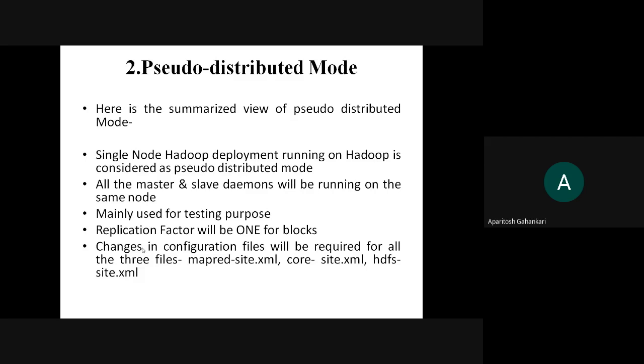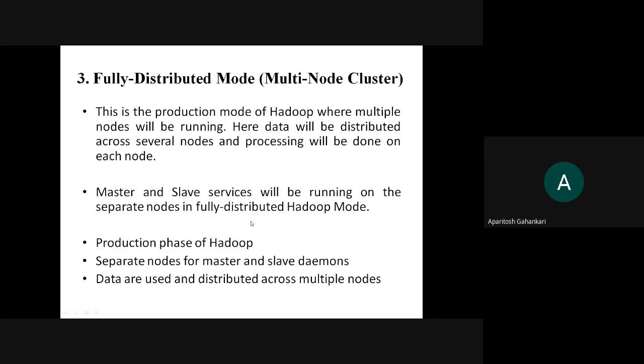Again it is used for testing purposes, and the replication factor will be 1 for 1 block. Okay, so changes in the configuration file will be required. Why? Because you are now using the same machine as client and server, and that is why certain changes are required in the configuration files.